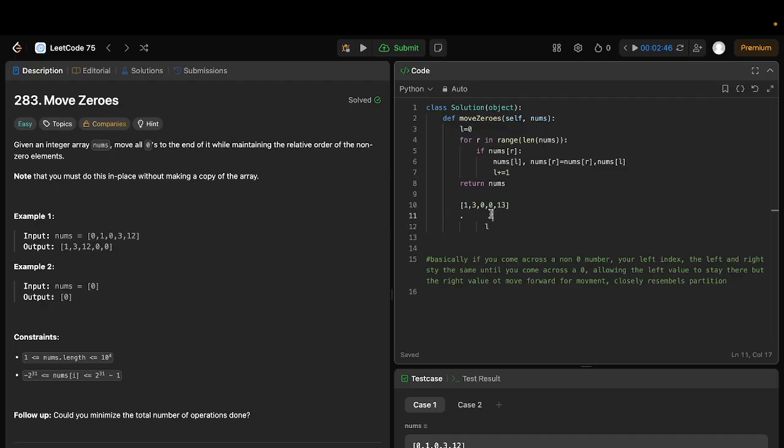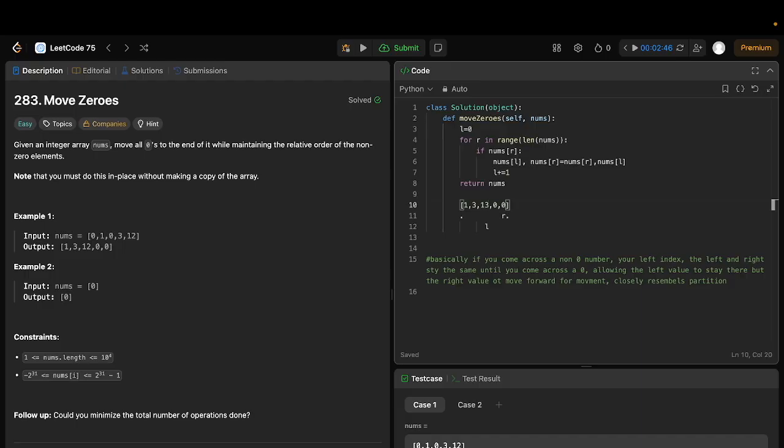Is this a non-zero number? Yes, it is, so let's swap it with where L is. We put a 3 here and a 0 over here, and our L continues up. R would also increase. Is this a non-zero number? Yes, it is, so let's swap it with what L is. So we say 12, and we say 0.